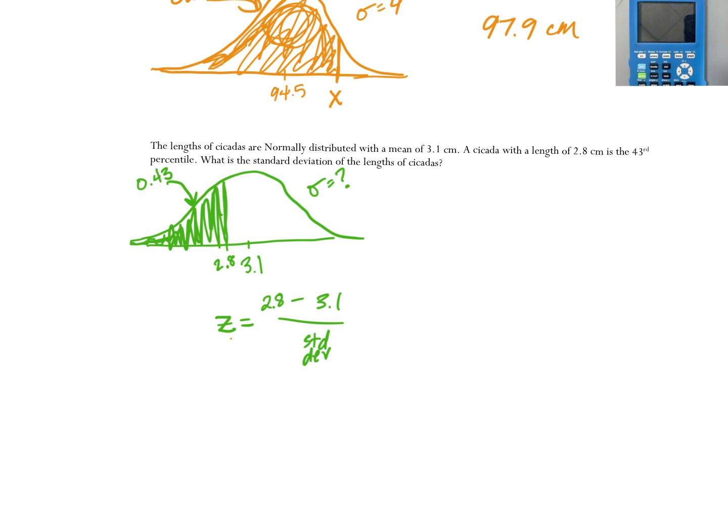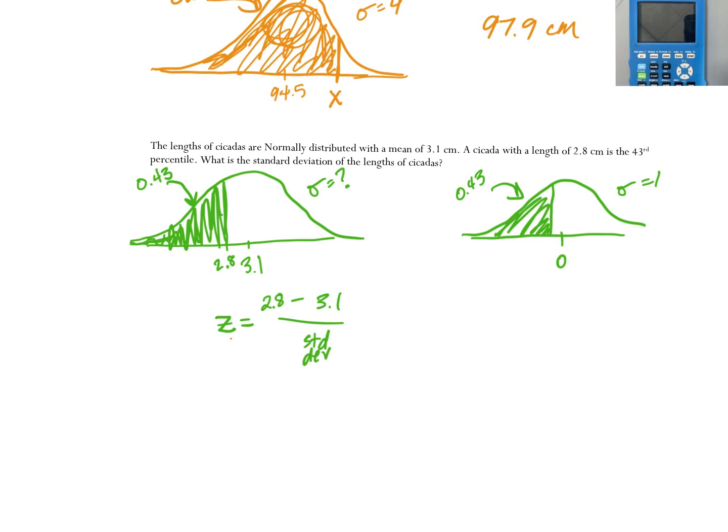So what we're going to do is we know something about z-scores. Don't we know the mean and the standard deviation when we're dealing with z-scores? What was the mean of all the z-scores? Not the standard deviation, the mean. 0. And the standard deviation was 1. So if I can find the z-score for the 43rd percentile by using inverse norm, right?